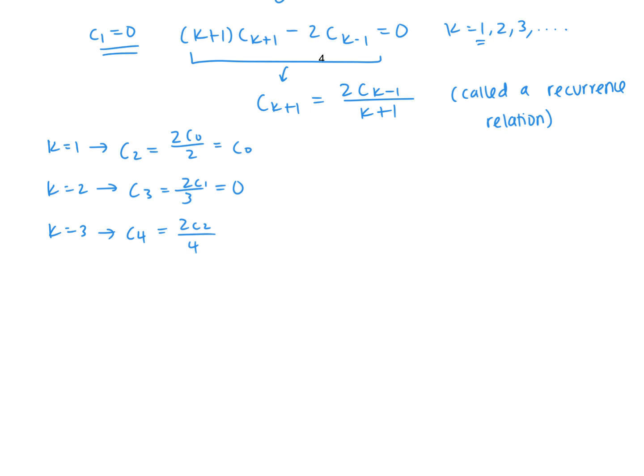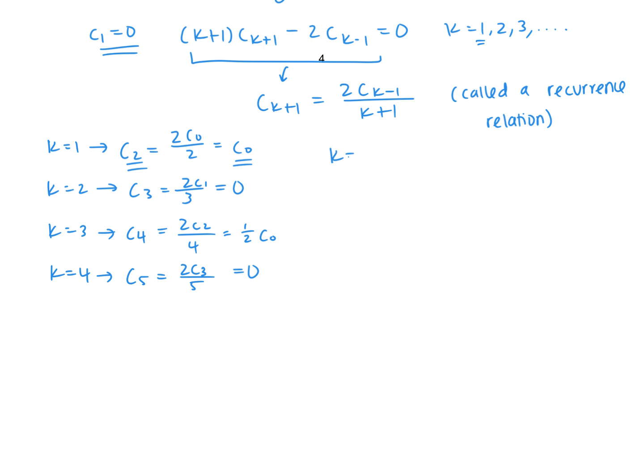Well, c2 we have above, right? c2 is the same as c0, so replacing that, I get 1/2 c0. And we're going to do a few more to see if we can find a pattern. If we substitute in k equals 4, we get c5 is equal to 2c3 over 5. Well, c3 above we know is 0, so this term is just 0.